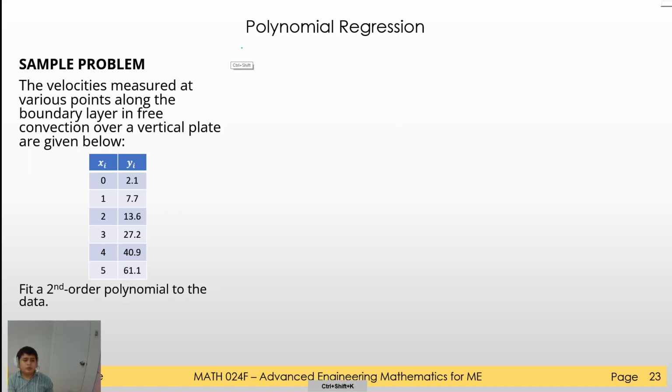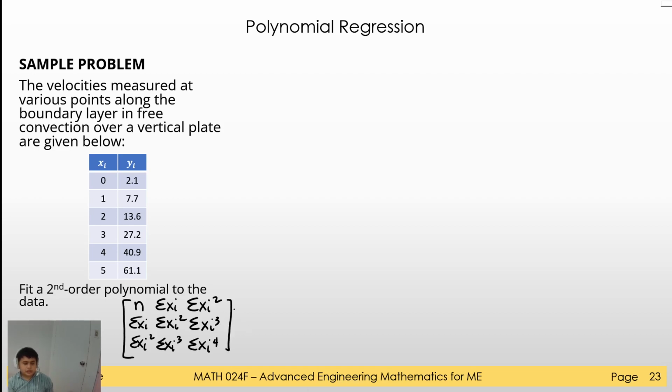For the formula, if you remember, we have the 3 by 3 matrix. So n, summation of xi, summation of xi squared; summation of xi, summation of xi squared, summation of xi cubed; and then summation of xi squared, summation of xi cubed, and summation of xi to the fourth.